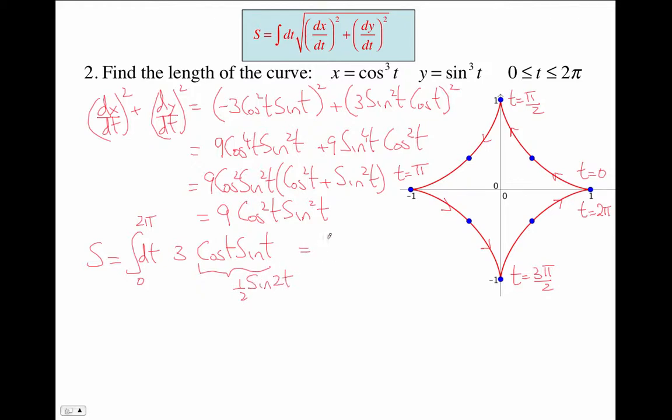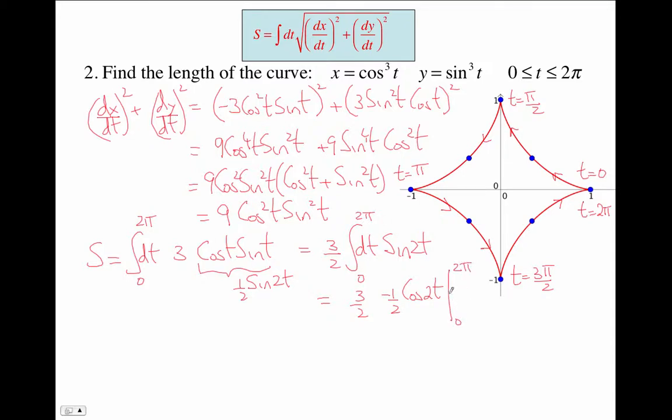And so this looks like 3 over 2 integral 0 to 2 pi sine 2t. But when we integrate sine 2t, see what we get. We get half cosine 2t with a minus sign between 0 and 2 pi.